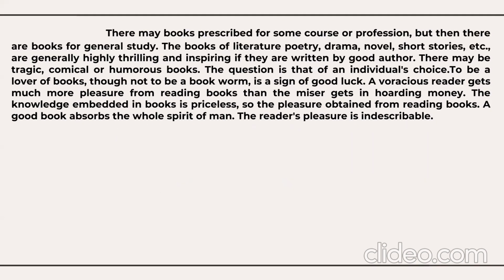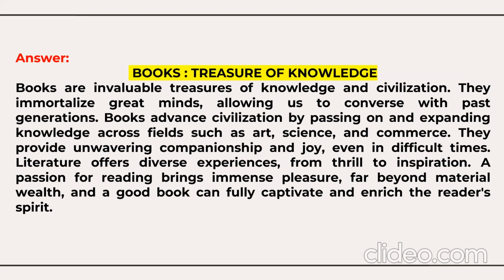So this is the second passage, and we can give the title to this passage as the book's treasure of knowledge, and you need to summarize in a maximum of 100 words. And don't forget, this is for 5 marks. This is a 5 marks question where you need to give the title of the passage as well as summarize the passage in 75 to 100 words as per the instructions.